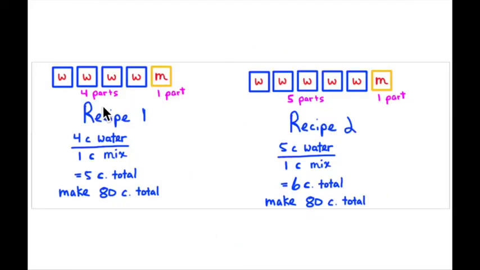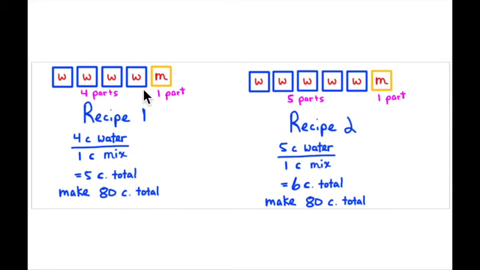A little drawing. So we talk about parts in this case because it doesn't necessarily have to just be cups. As a matter of fact, in this problem they talk about a 5-gallon jug. So you can think of it as 80 cups of lemonade or a 5-gallon jug.